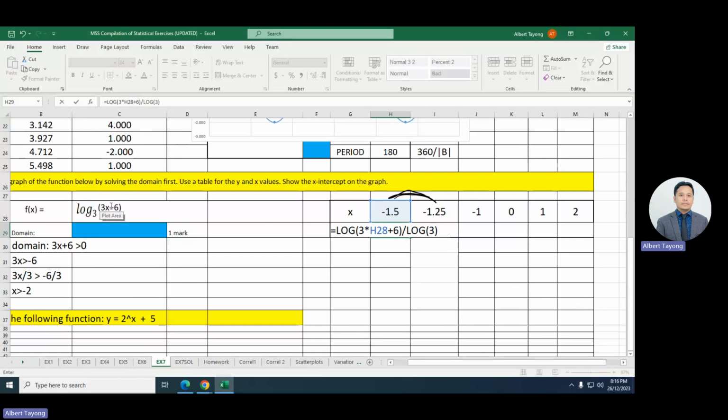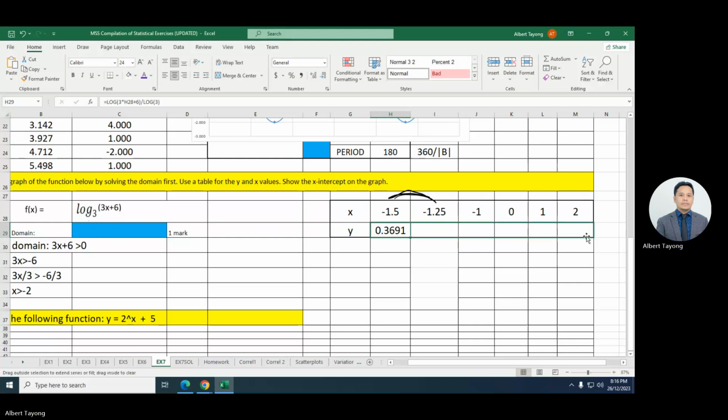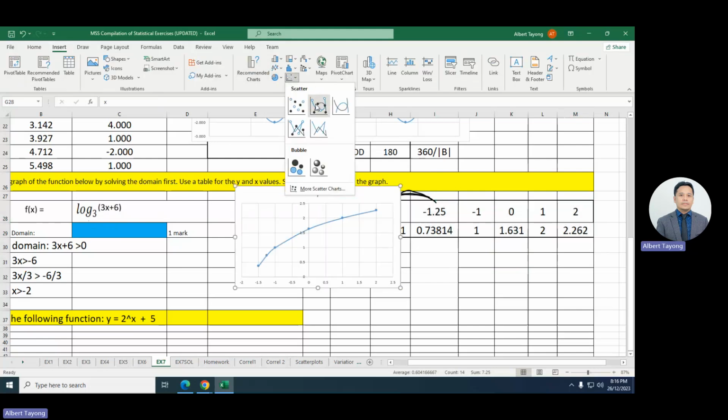Log, open 3 times x plus 6, close, divide log of base 3. So the answer is, drag it to the right, select the table, insert the second one.